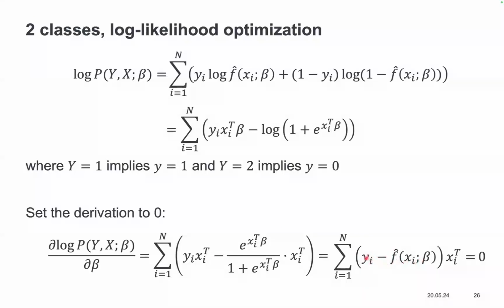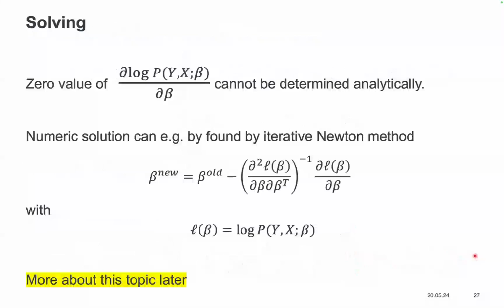So we look at what was the label minus what we predict. But we have to do this times our object description, and we have to do it for all our objects, and we want to set this to 0.